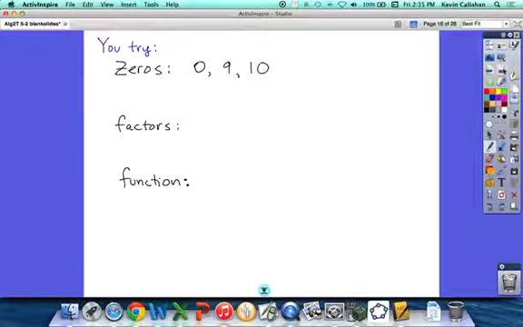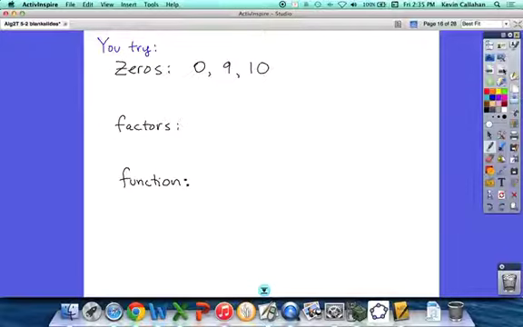So do it. What are the factors? X plus 0.